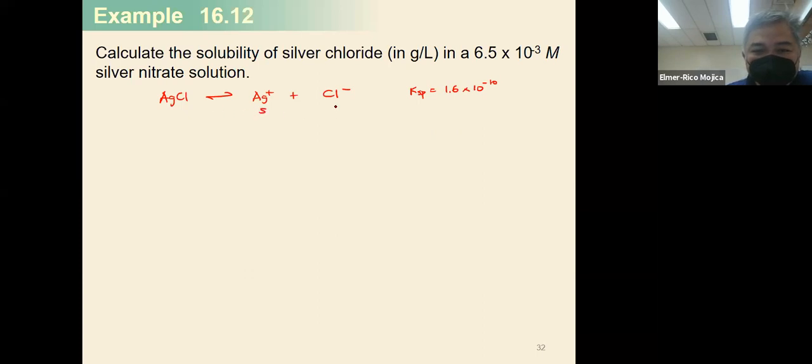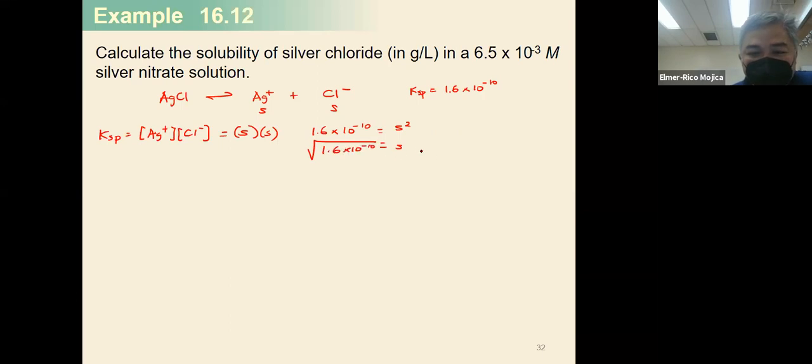This is S and S, right? So the KSP is equal to silver ion times chloride ion, which is just S times S. So KSP, 1.6 times 10 to the negative 10, is equal to S squared. So S is the square root of 1.6 times 10 to the negative 10. And that is equal to what?